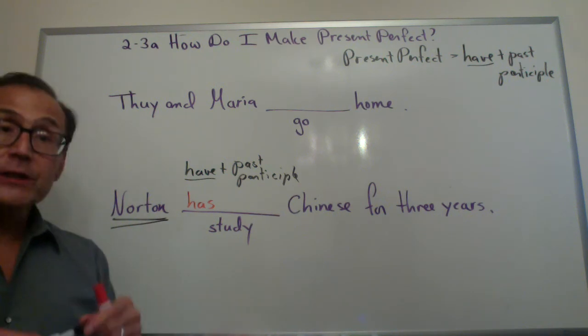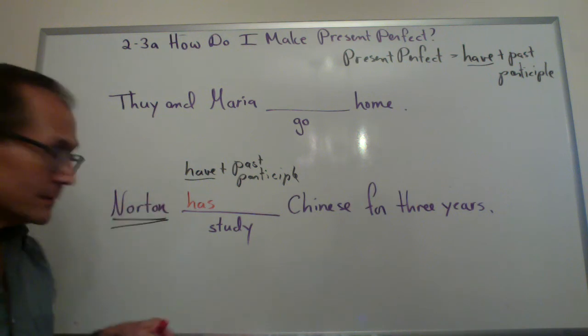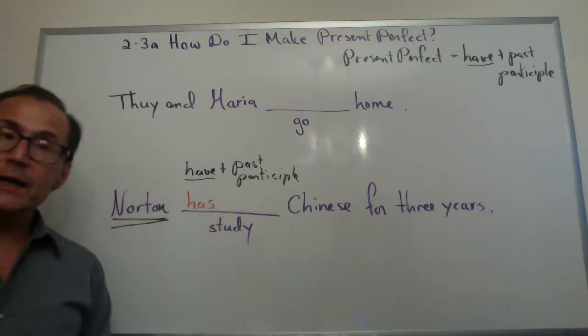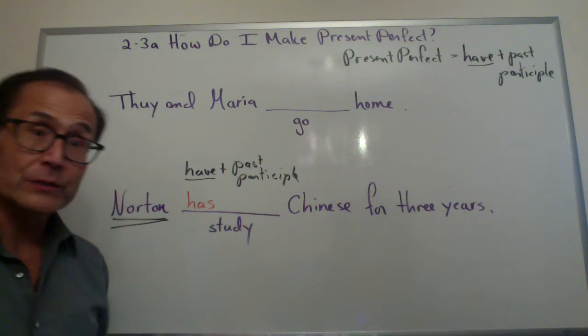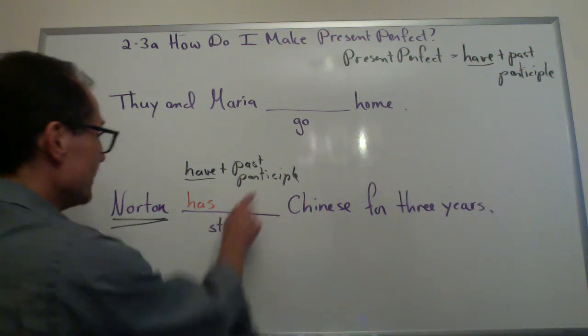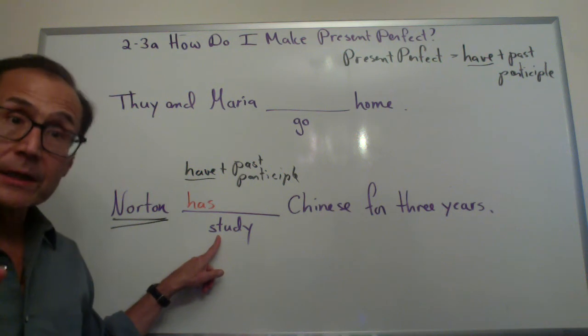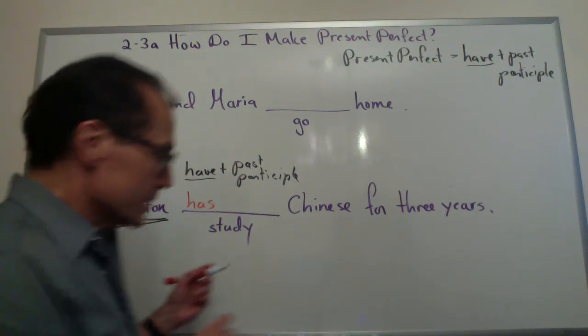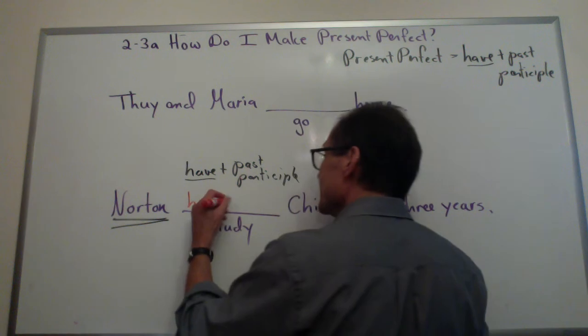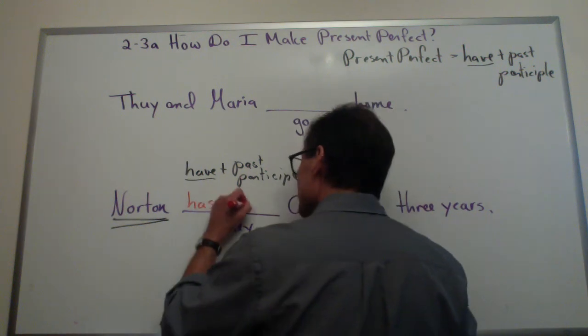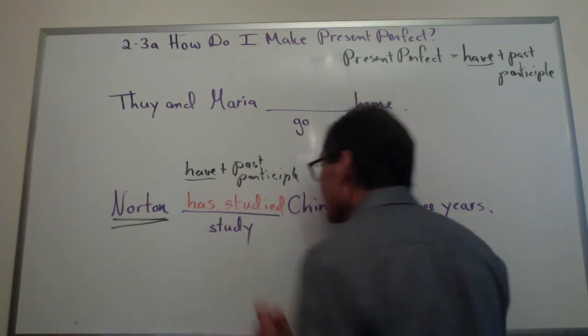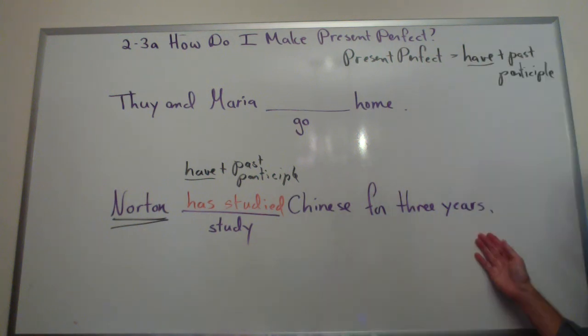So he, she, it will use has. Everything else, I, you, we, they, will use have. And then I write the past participle. The past participle of study is a regular verb in English, so it just makes past with ed. So I could say, Norton has studied Chinese for 3 years.